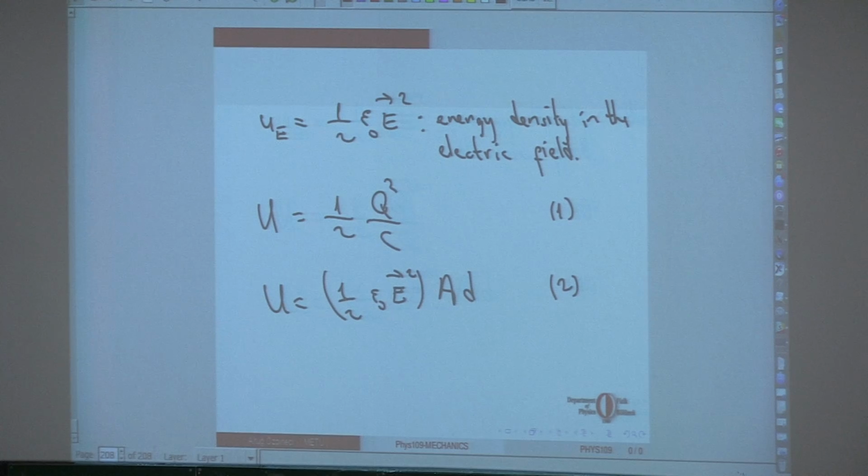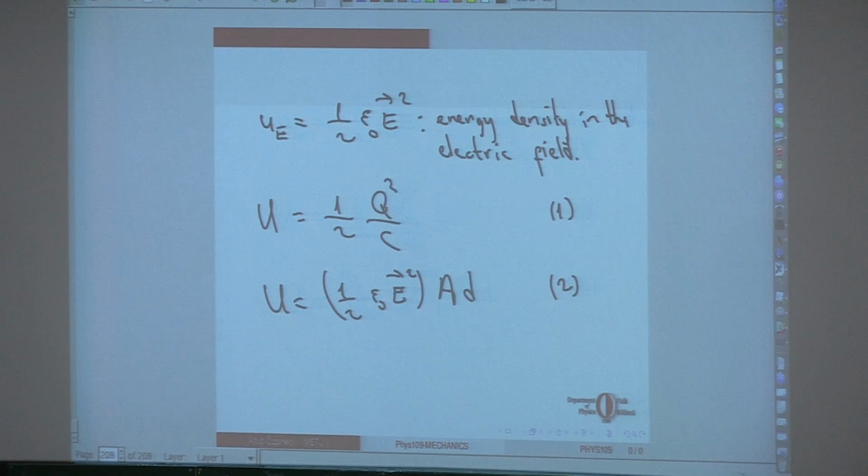Later on, when we study electrodynamics, we will see cases where we can have an electric field without any charge. We will have net charge equal to 0. Nevertheless, we will have some electric field. Now, if we stick with this first expression, it will tell us that if there are no charge separations in our system, then there is no potential energy. There is no energy stored in the system.